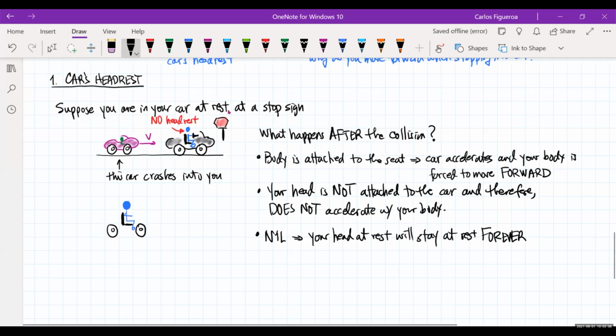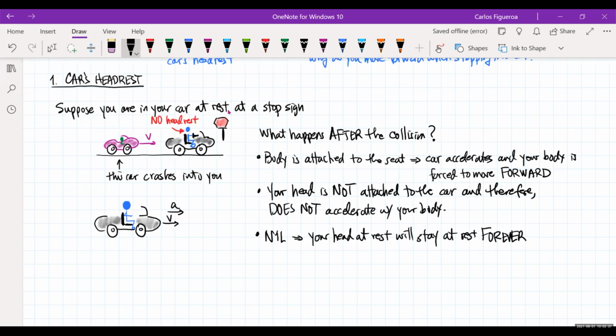And so when I'm looking at my car, what am I seeing here? What I'm seeing is that the car now is accelerating, right? The car is accelerating. So as it accelerates, that means that there's some velocity and there's some acceleration to the right.